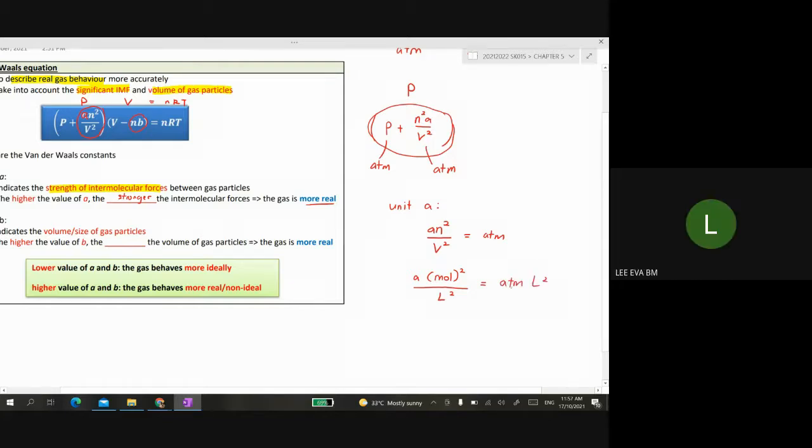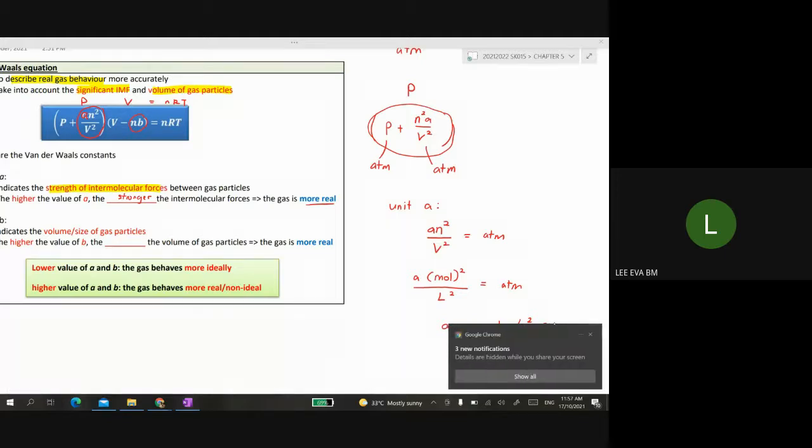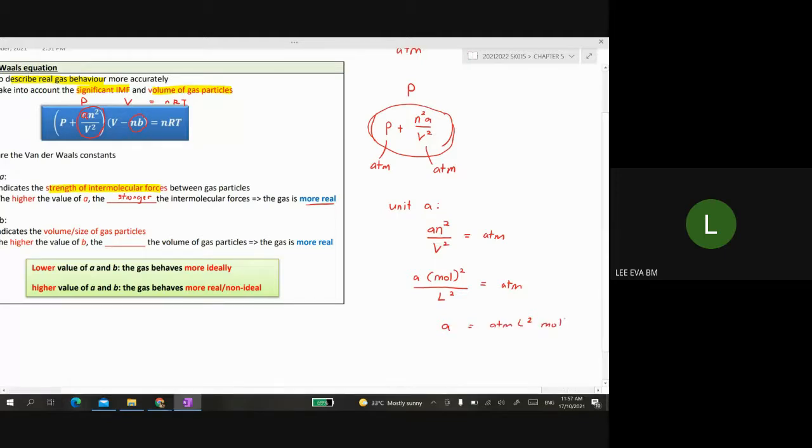Okay, we write the ATM first, then we rearrange the unit of A. So ATM L squared over mole to the power of 2. Do you get this? Yes, madam. Okay.